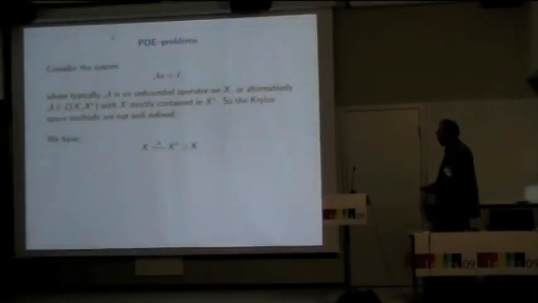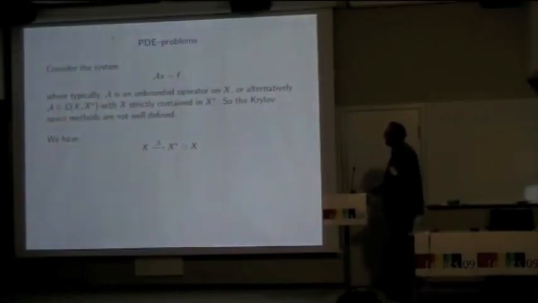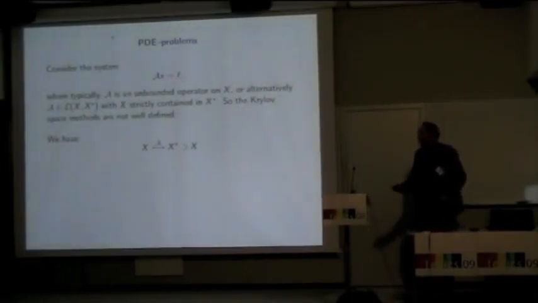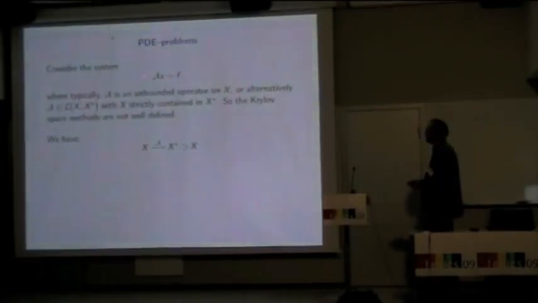Okay, so what should you do? For many problems, we will be exactly in this situation, at least if we restrict ourselves to linear problems now, that we have a problem that we formally can write as Ax equal to f. Here x is the unknown solution, f is the right-hand side.